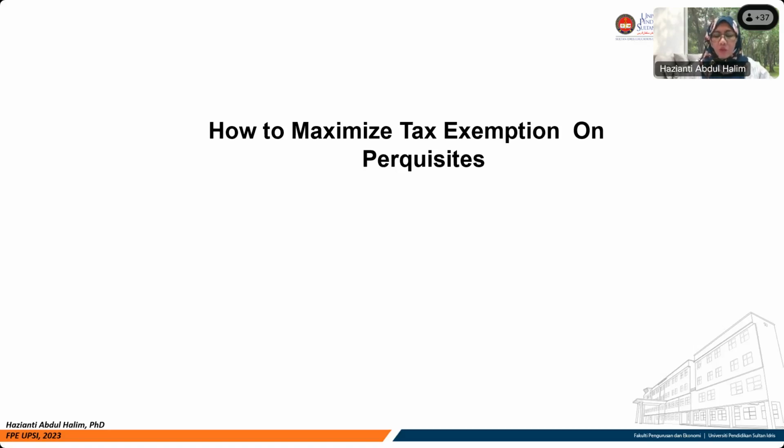So we know that whatever income you get from the employer will be taxable under employment income, and whatever perquisites you receive will also be taxed under employment income. So how can we maximize the tax exemption? Because some of the benefits are actually tax exempted. So we want to know, we get all those things that we know we have to pay tax on, but we also want to know how to maximize the tax exemption.